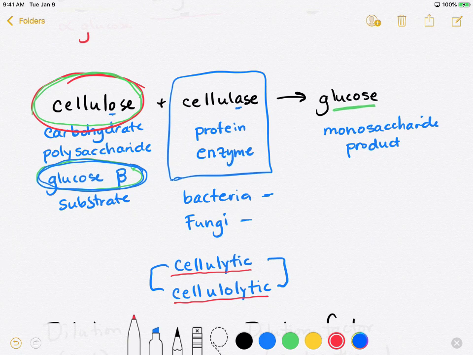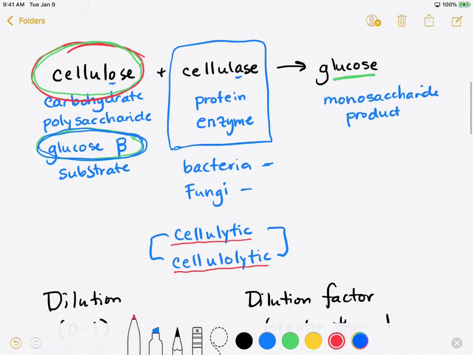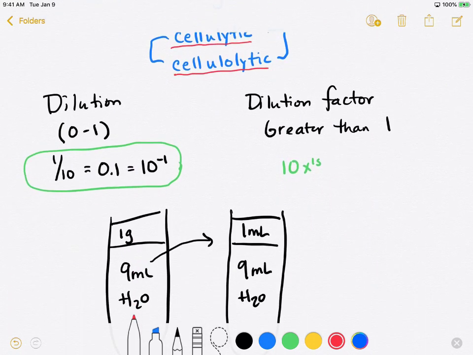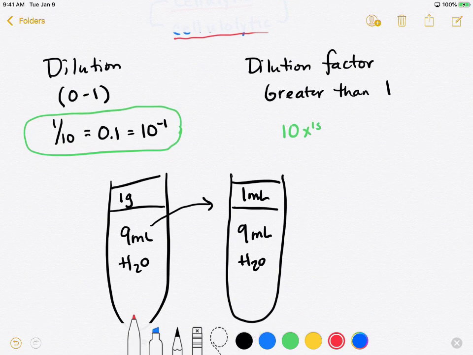In Unit 8, what we began looking at was dirt. We wanted to see if we could find any bacteria living in our various dirt samples that had cellulolytic activity. In order to do this, we had to run some different dilutions of our dirt. There are two different terms that we talked about that day as we created our serial dilution.